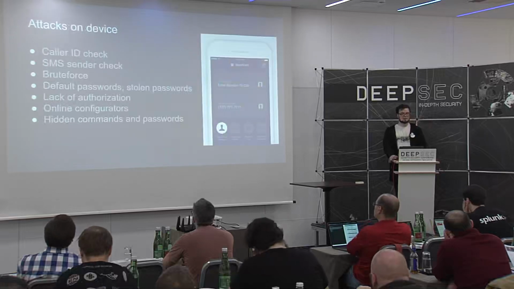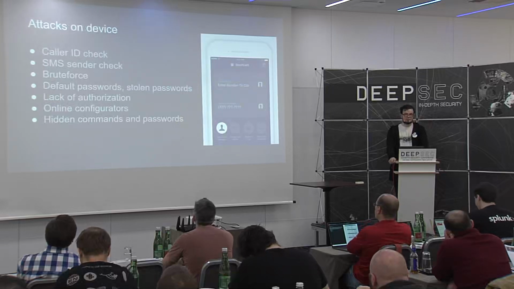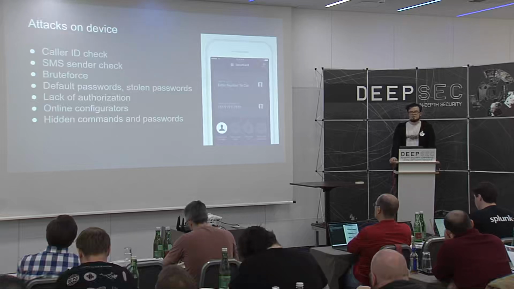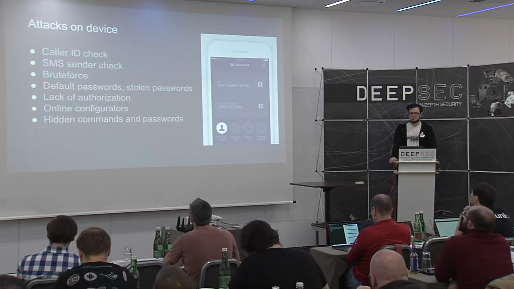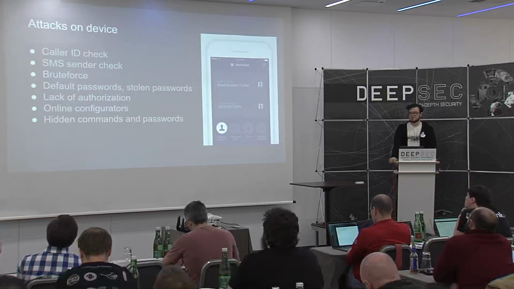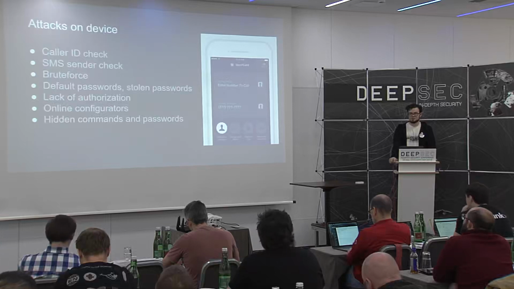And now we will discuss different attacks on the device which can be performed remotely. Firstly, there are two main authentication methods in the case of the GSM alarm. The first is the caller ID check. The idea is extremely simple and useful for the user. You just make a call to the number of the GSM device.